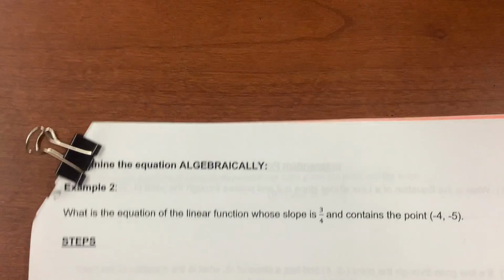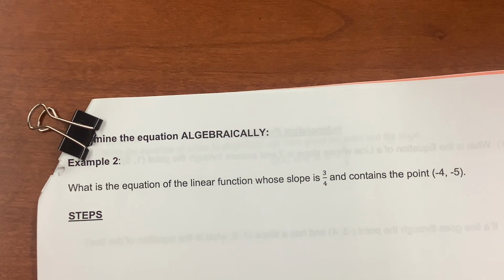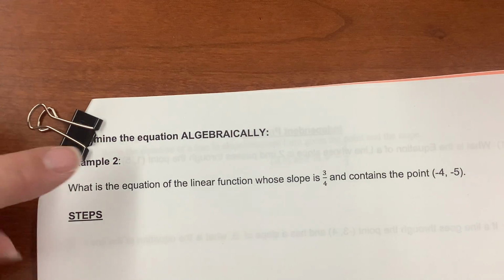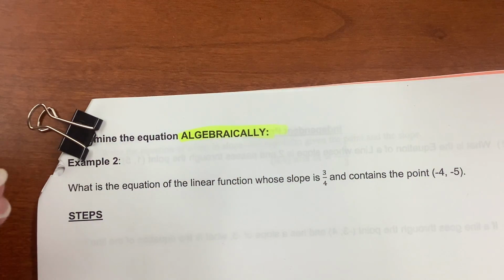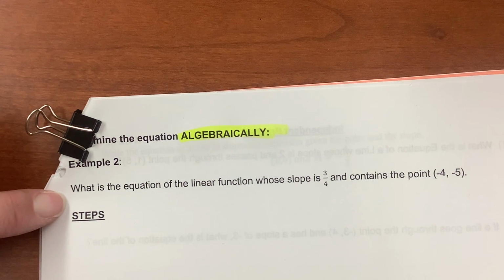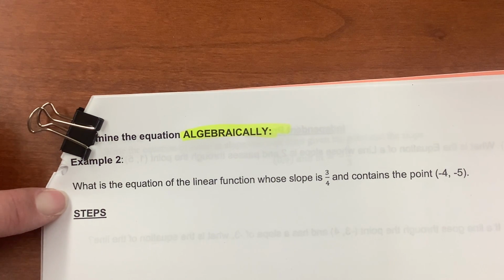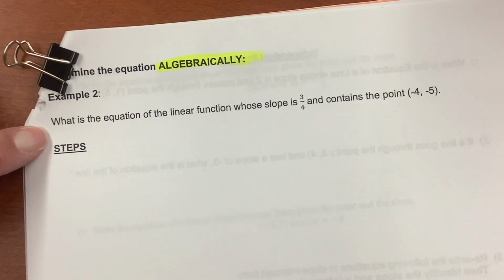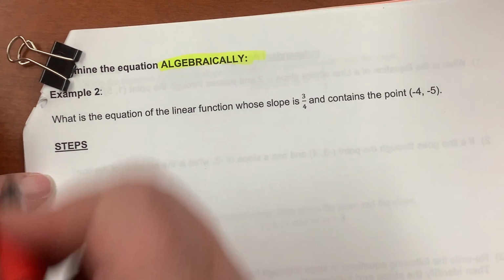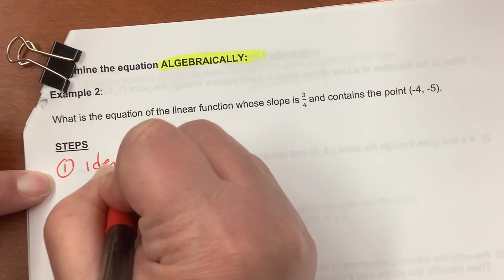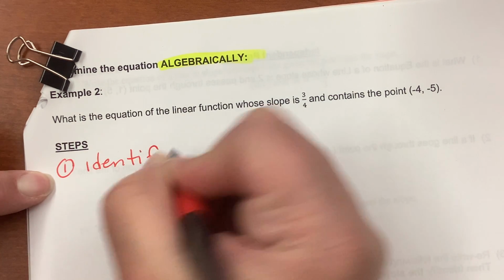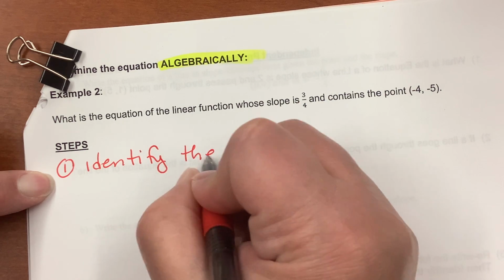That is the equation of the line that they asked for. Now, I know that equation of the line, but over here it says determine the equation algebraically. How do you do that? Well, there are some steps. First, read it. What is the equation of the linear function whose slope is 3/4 and the point that is (-4, -5)? Step 1, identify the given information.